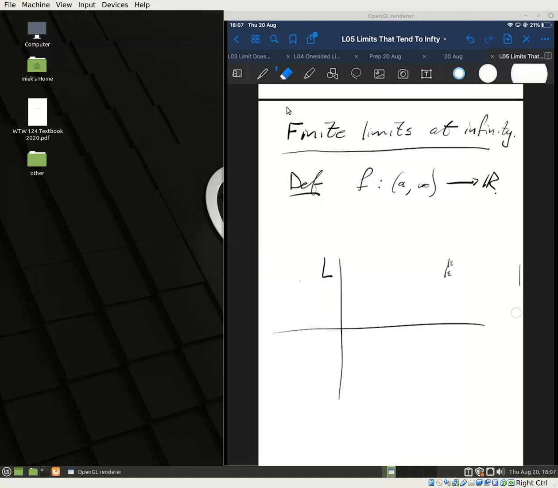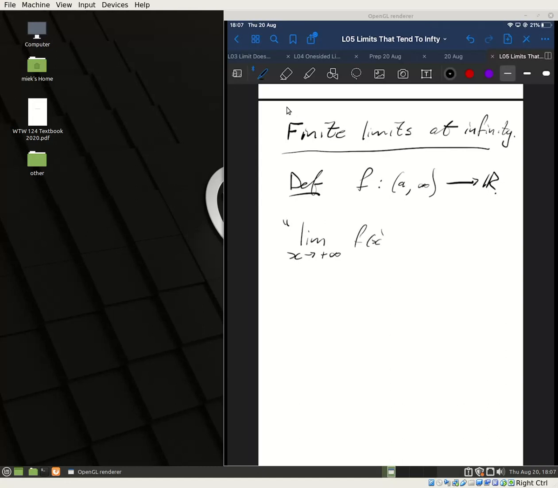Okay, let us write down the rigorous definition. If we have some function defined on an open interval from a to plus infinity, then the limit as x tends to plus infinity of f of x is equal to L, where L is of course some real number.